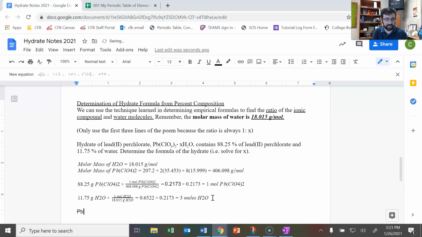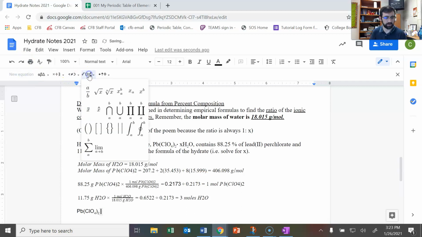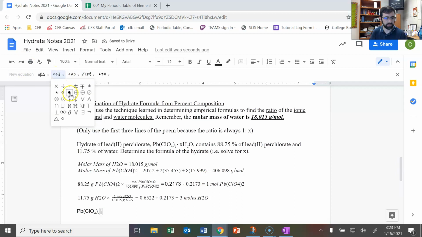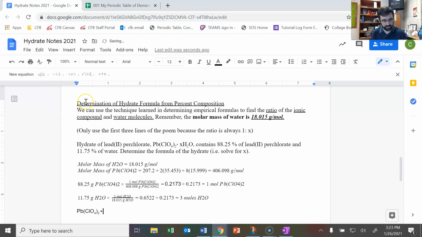We have PbClO4 and we'll put our raised dot right there, and it's 3 H2O.